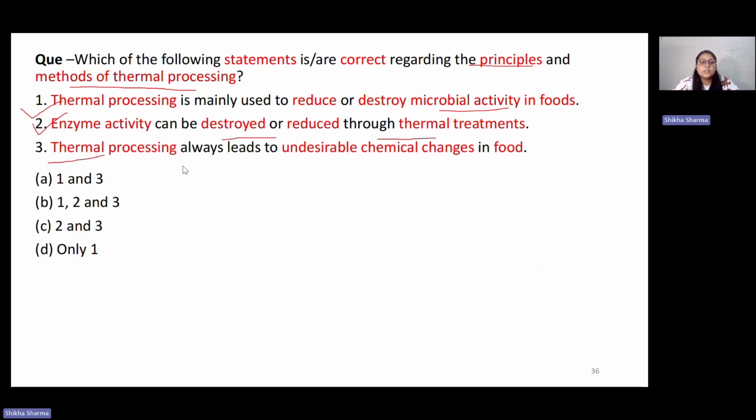And third, thermal processing always leads to undesirable chemical changes in food. We need to tell which one is the correct statement. Okay, so here statements 1, 2, and 3, all of them are correct.